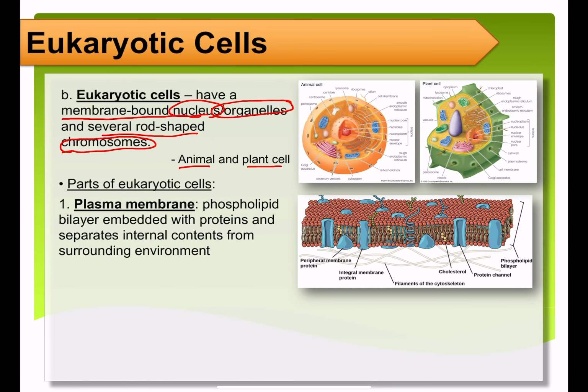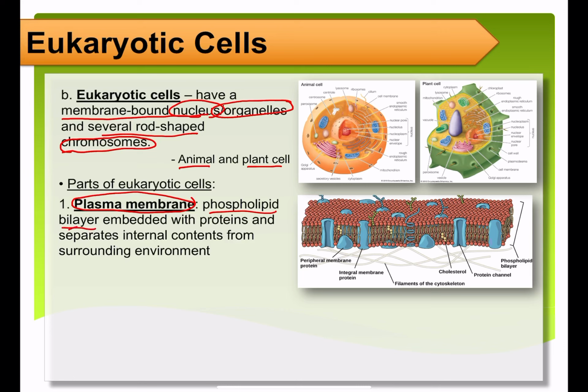All right, so let's go over the major structures and organelles within eukaryotic cells, and then we will mention those that are only present in plant cells as well. As we have mentioned, all cells have a plasma membrane around them. The plasma membrane, as I briefly introduced in chapter 3, is made up of phospholipids laid out in 2 layers, which is why we call it a lipid bilayer.